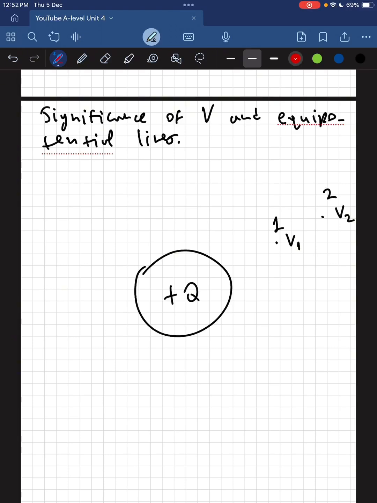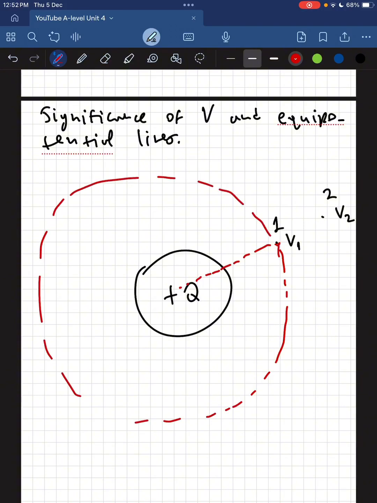Now, if I am at the same distance from Q, my charge is also going to have a potential V1 anywhere around that sphere, and then the same goes for this big sphere, okay? I ran out of space.